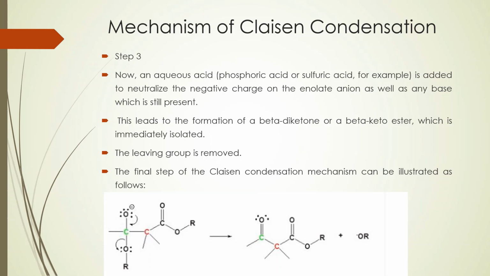Here in this product, there is a keto group present at the beta carbon atom. That's why it is known as beta keto and the functional group is ester. That's why it is beta keto ester. And this OR negative is the leaving group.